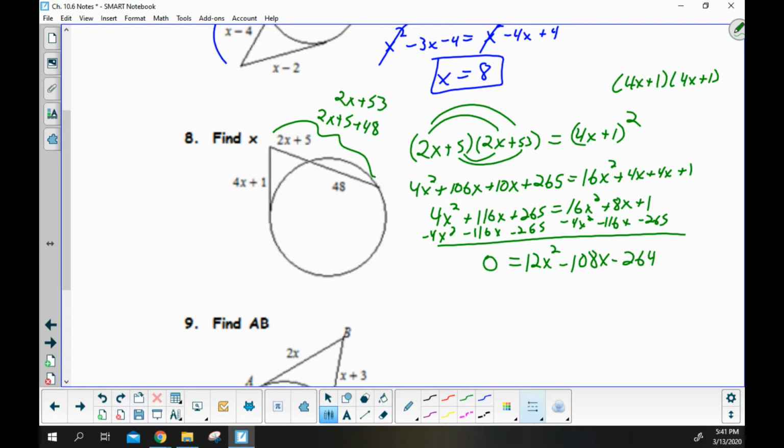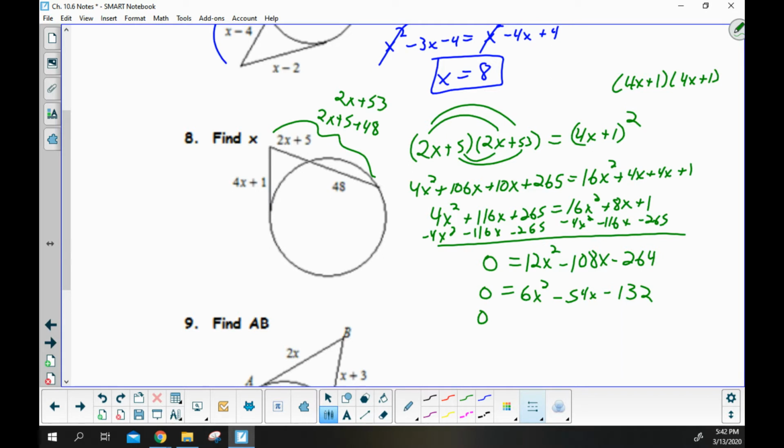Now, if we notice here, all my numbers are even, so we know it's divisible by 2. I can take out a 2. And if you really think about it, they're all divisible by 3 as well. So I could pretty much take out a 6, and it may be possible that I could take out a 12. But let's start with the 2, and then we'll go with the 3. So if I divide everything by 2, that's going to give me 6x squared minus 54x minus 132.